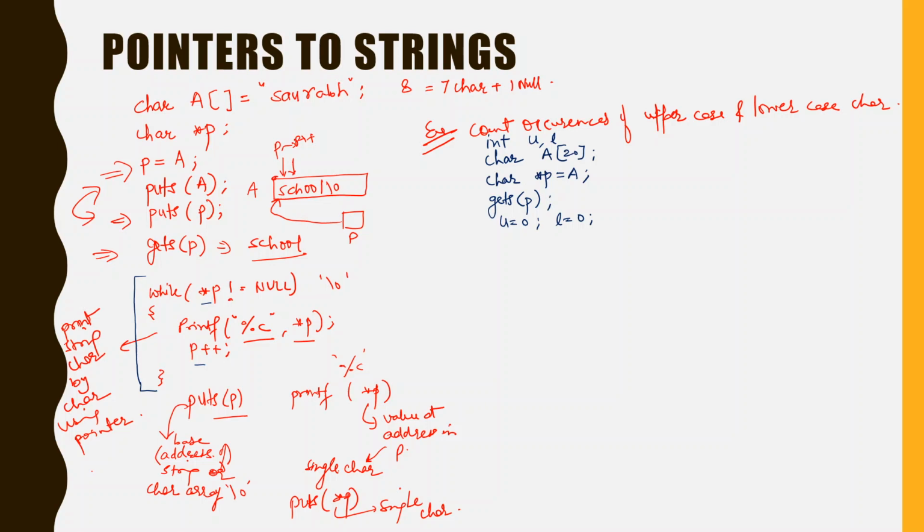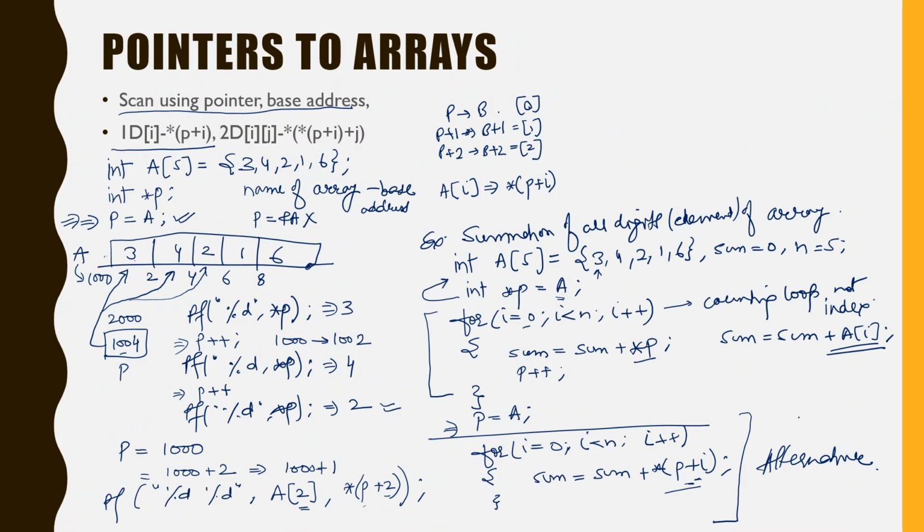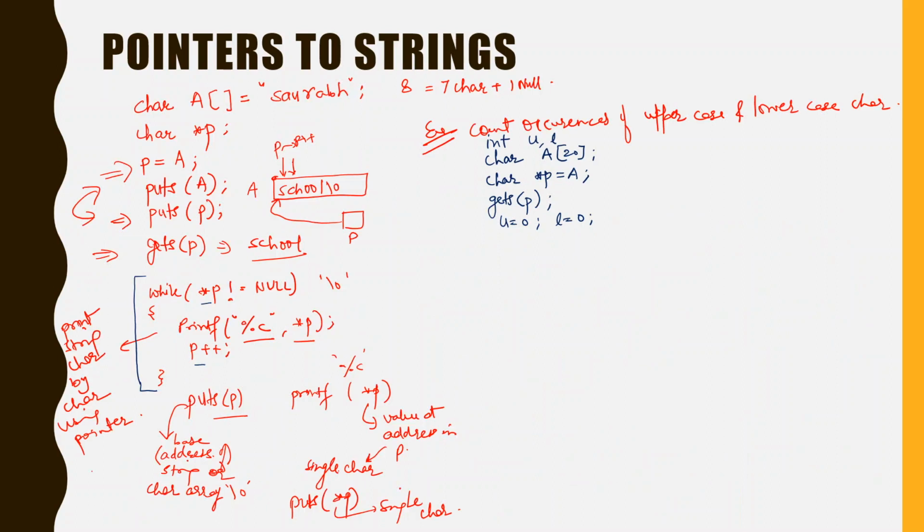So we will not increment the pointer p, but we will access the string directly with the help of pointer arithmetic. We can access the next element with the help of addition of a variable to the pointer.